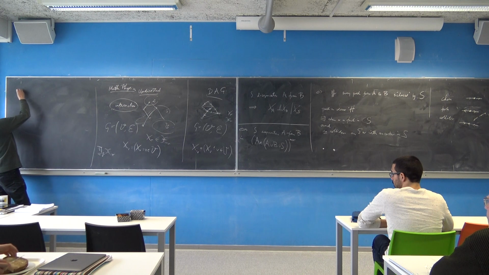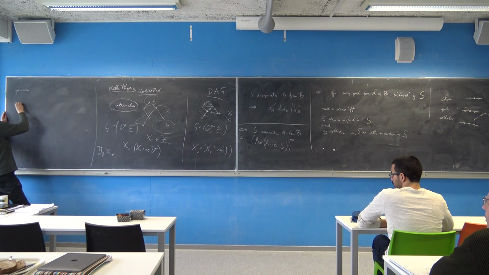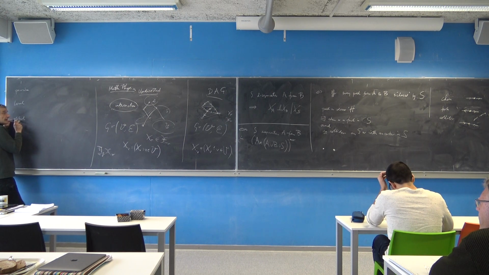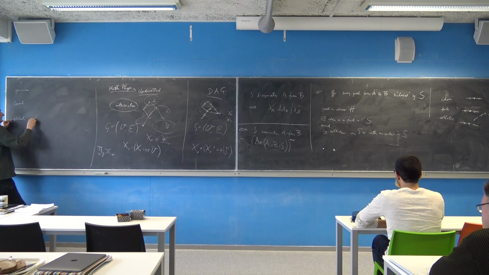There is something called a pairwise Markov property. They're called Markov properties. There's something called a local Markov property, and there's something called a global Markov property. Now the global Markov property is the defining property, the one I told you.